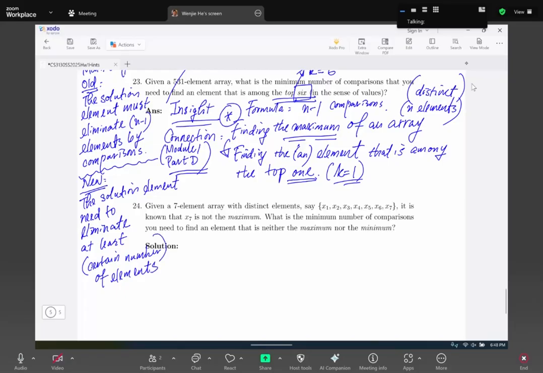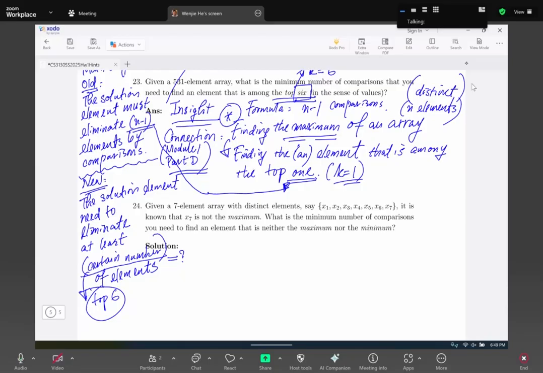So you need to figure out this certain number. What's that certain number? Old version, n minus 1 corresponds to top 1. This certain number corresponds to top 6.